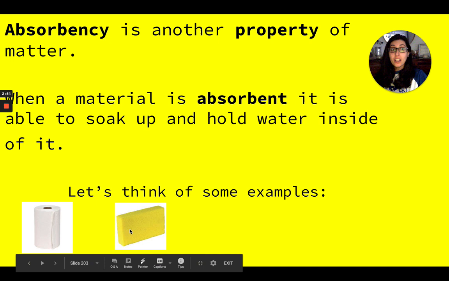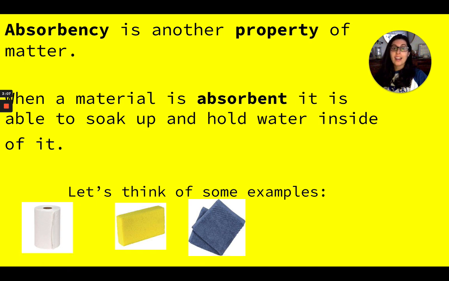A sponge. Yes, a sponge is made to be absorbent. It's made to soak up water. That's why we use it to clean our dishes. A washcloth. That's right. We use a washcloth to clean our body because it absorbs water. A towel.